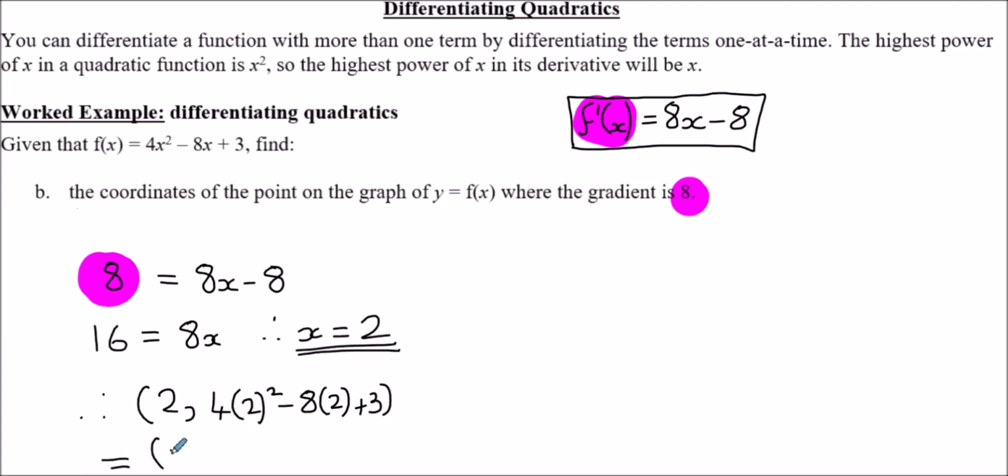And so if we just work this out here, 4 times 2 squared, that's going to become 16. 16 minus 16 is 0, plus 3, we're going to have 3. And so the coordinates where f of x has a gradient of 8, is where x is 2 and y is 3.